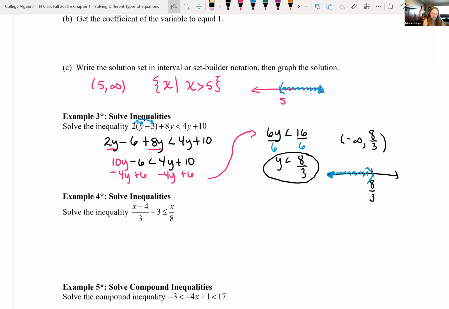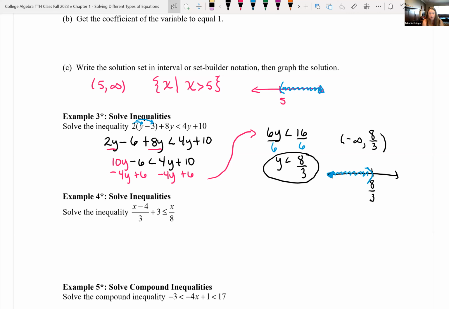So the next inequality we have is x minus 4 in the numerator, all over 3, and then plus 3 outside of that fraction, is less than or equal to x all over 8.